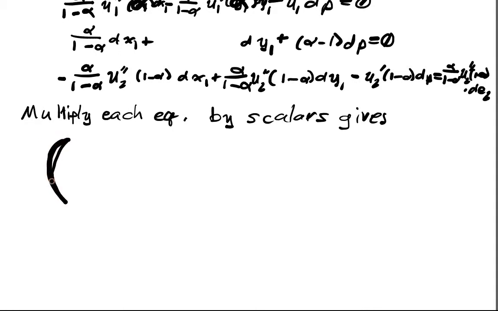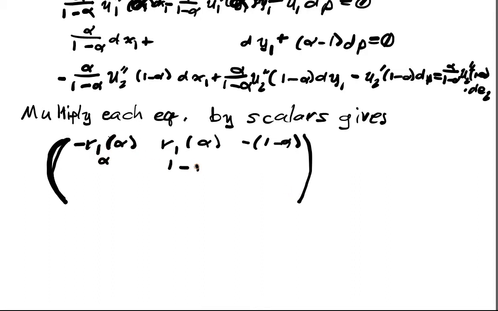You know, we can put this into a matrix, and after doing some nice substitutions, we have R1, which is some function of alpha, R1 of alpha, minus 1 minus alpha. Here we're going to have alpha 1 minus alpha, negative 1 minus alpha squared.